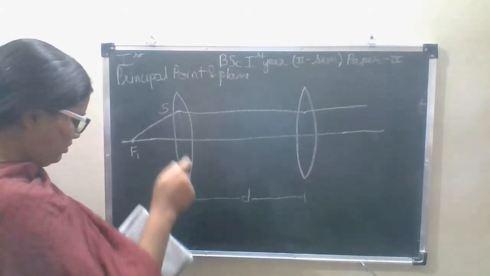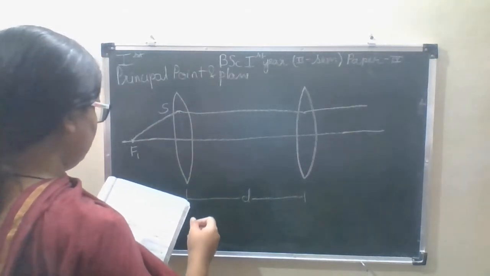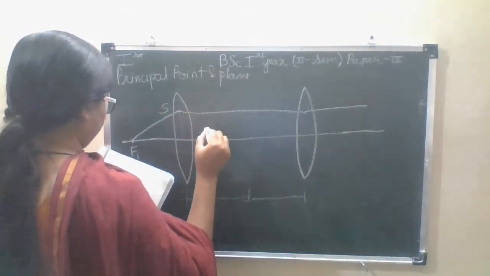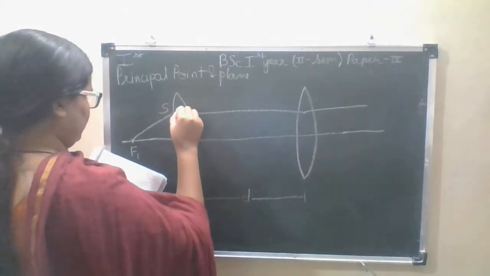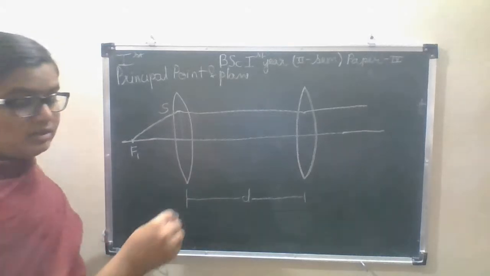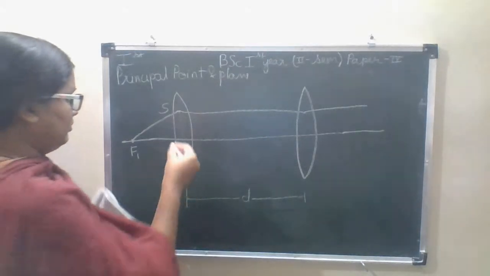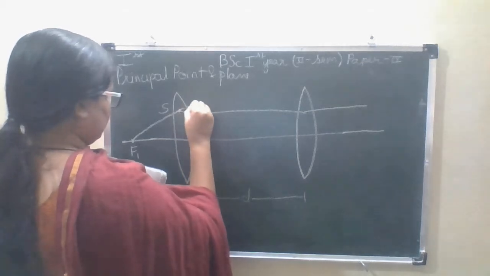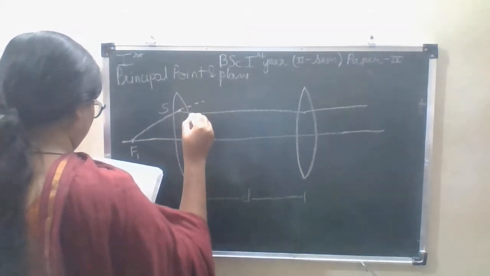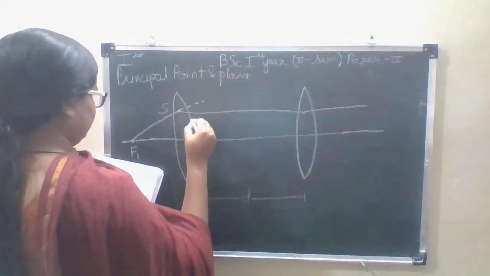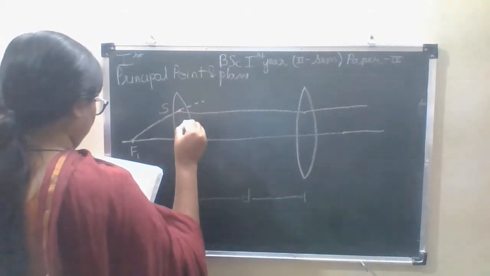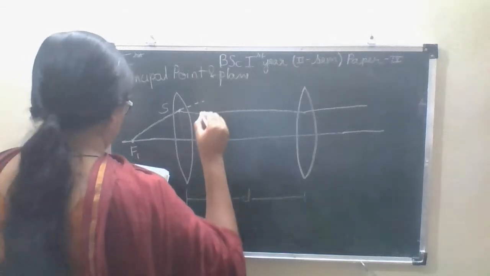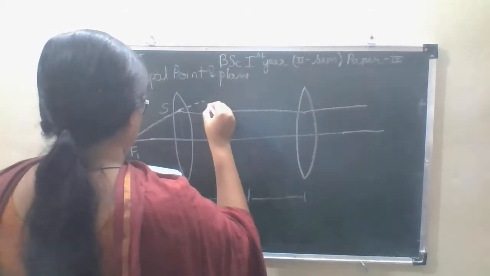Now we are extending the incident ray in the forward direction, and the emergent ray in the backward direction as well.